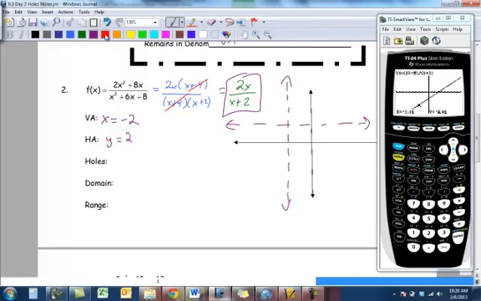Now, a hole. Does a hole exist here? Remember, if anything cancels out, that's what a hole is. So here, x plus 4 canceled out. So that means there's a hole at x equals -4. Now, what is the y value? You take the x value of your hole and plug it into what remains after the canceling out. Check it out.